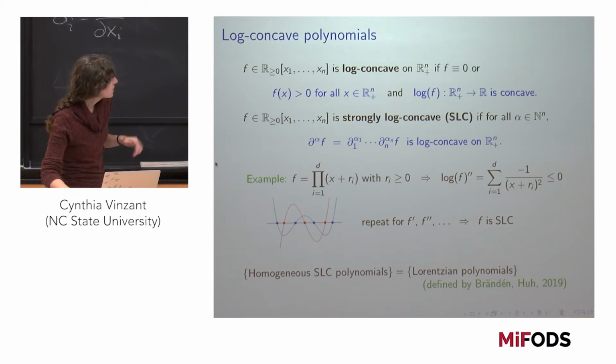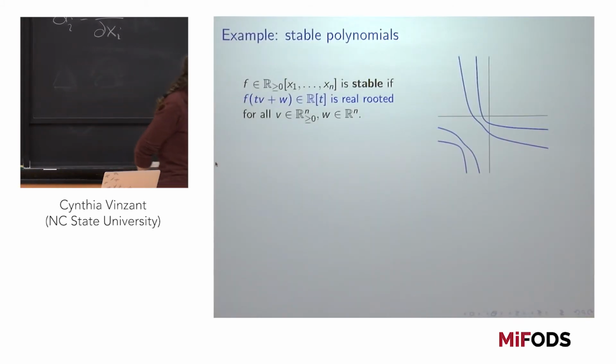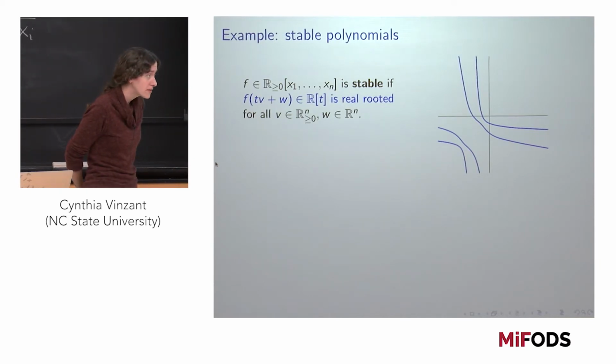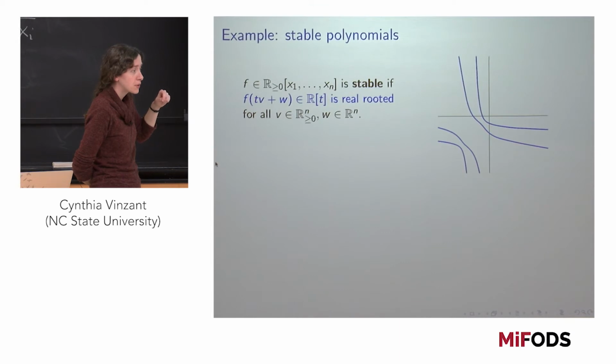Okay. So far, we only have one example, and it's univariate, which is not super exciting. But a multivariate version of real rootedness actually comes from real stable polynomials. So if I have some polynomial with non-negative coefficients, I'm going to say it's stable if whenever I restrict to a line in a positive direction through any point w, I get a univariate polynomial, and I want that univariate polynomial to be real rooted.